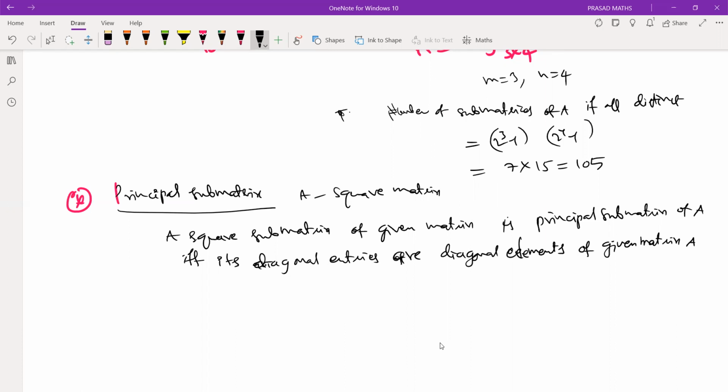The entries of the diagonal should be the entries of the diagonal of the given matrix.